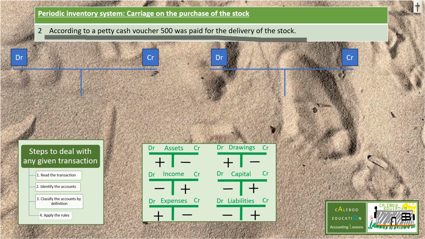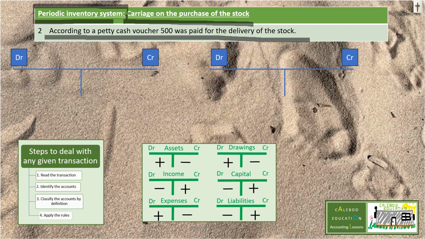500 euros was paid for the delivery of the stock, and we're using the periodic inventory system. Now remember, according to that table right at the start of the video, carriage or any costs involved in getting the stock to the premises or onto the shelf in the periodic inventory system is recorded separately.